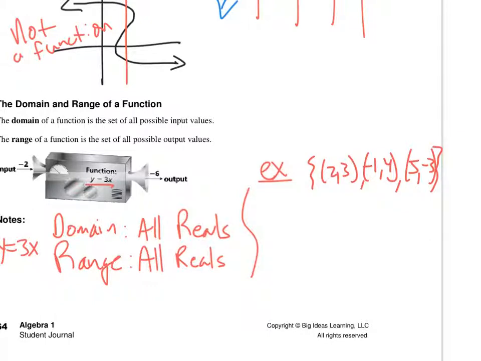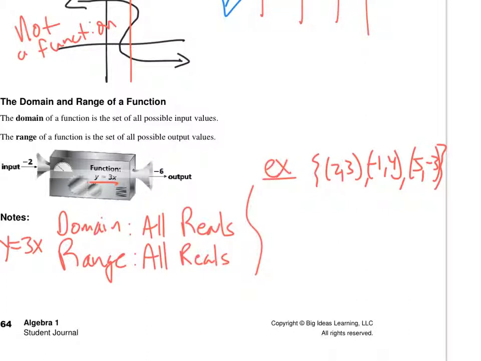Okay, there's our function. Every x is only going to one y. But in this case, the domain is the numbers 2, negative 1, and 5. And we're going to put those in order. And we put a little set brackets around that.